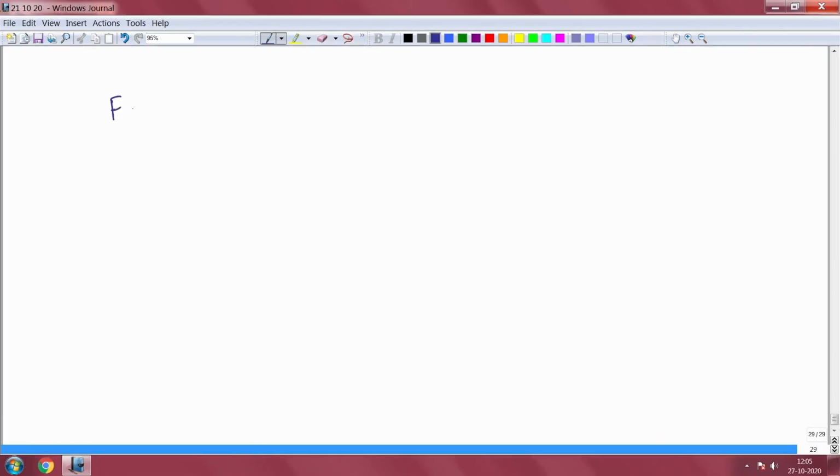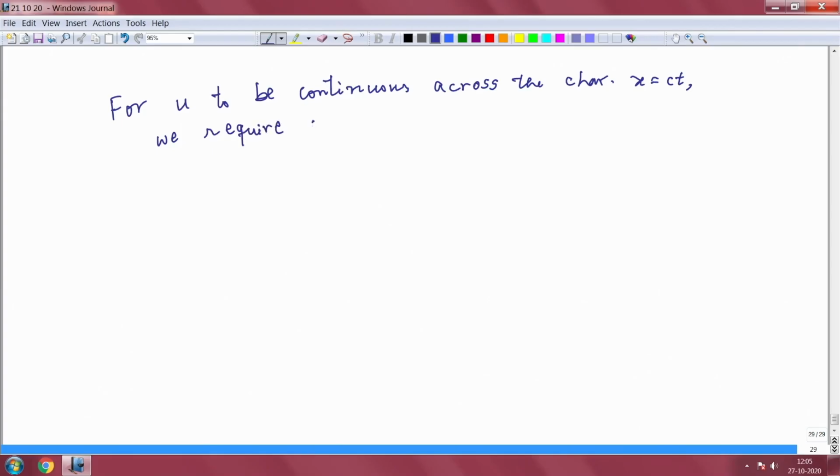So, for u to be continuous across the line, characteristic x equal to ct, we require the condition h_0 equal to u_0(0).